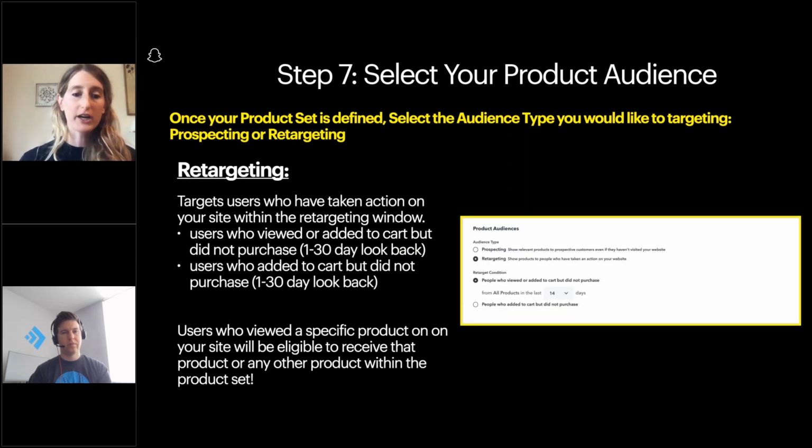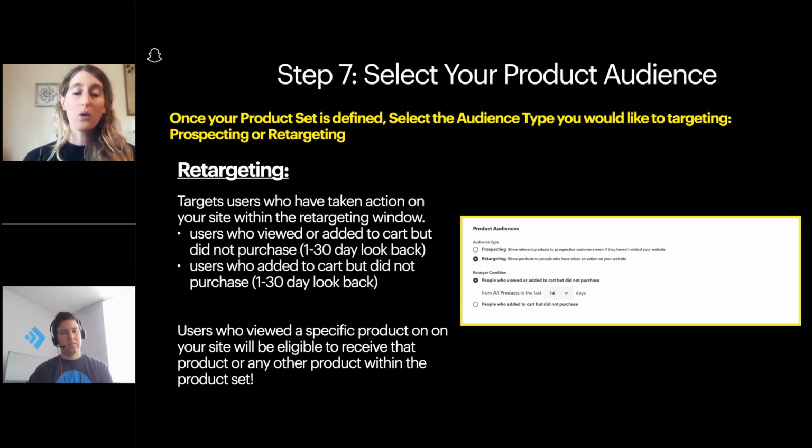Next, we have the retargeting audience. The retargeting tactic allows you to target users who have taken action on your site within your selected retargeting windows. Some examples would be to target users who have viewed a product or added that product to cart but have not purchased in the past 14 days, or target users who have added a product to cart but have not purchased in the past 14 days. The look back window that you can set here is between 1 and 30 days.